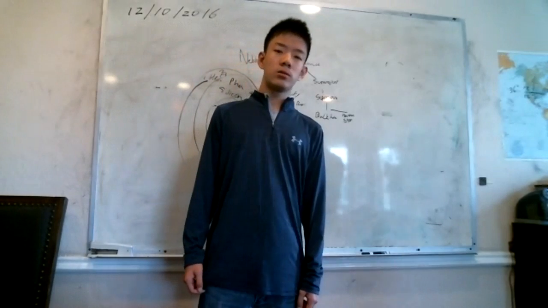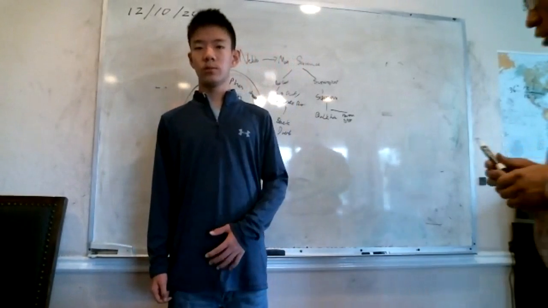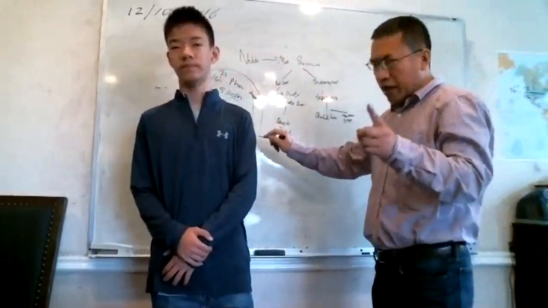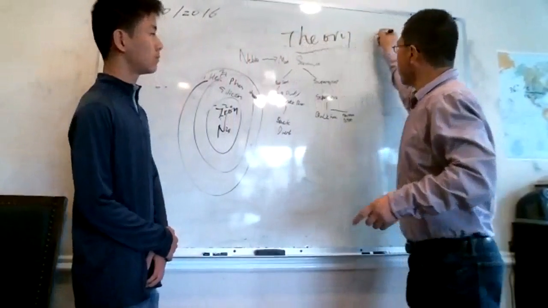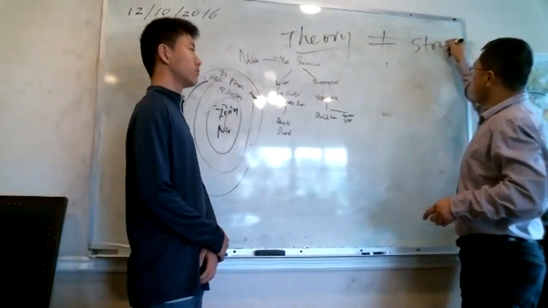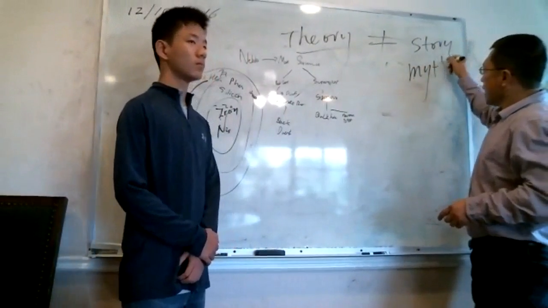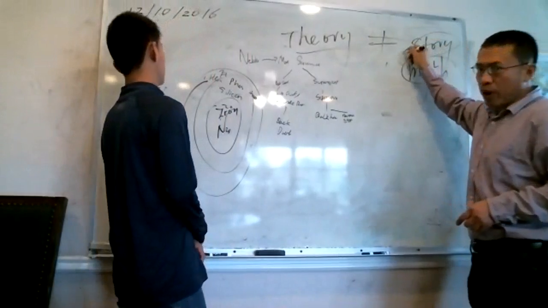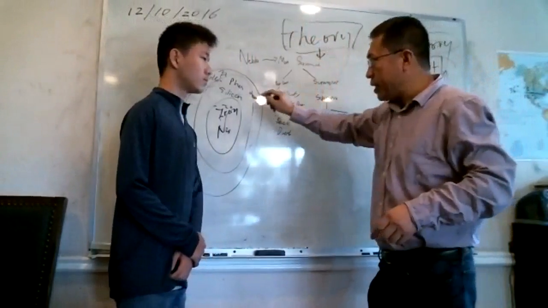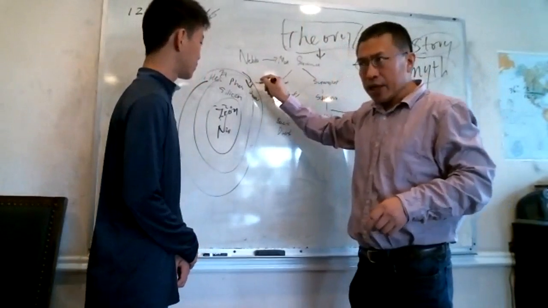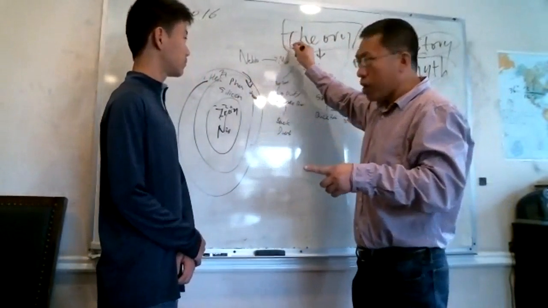So that's why, even realism. We're talking about myth and story. Richard, let me try to summarize it. We're talking about theory. It's not just another story or myth. A story can change from one culture to another, but this one has to be tested. There's predictability. That is why we trust theory more.